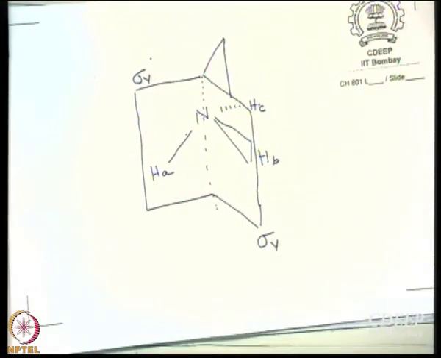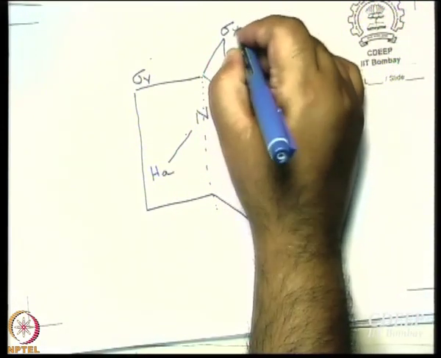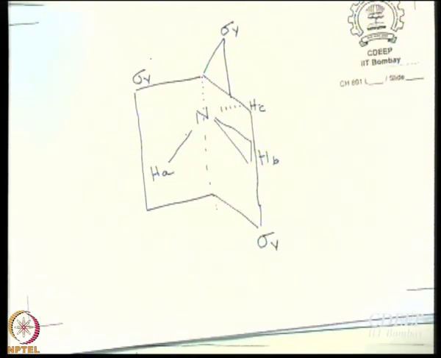Now this one, tentatively I will call it sigma V only. What does that plane do? Will you agree with me that it leaves nitrogen and HB in their positions and causes an interchange of HA and HC, right? And the third plane, nitrogen and HC remain in their places, HA and HB interchange places, right? So see, the 3 planes have similar kind of action.